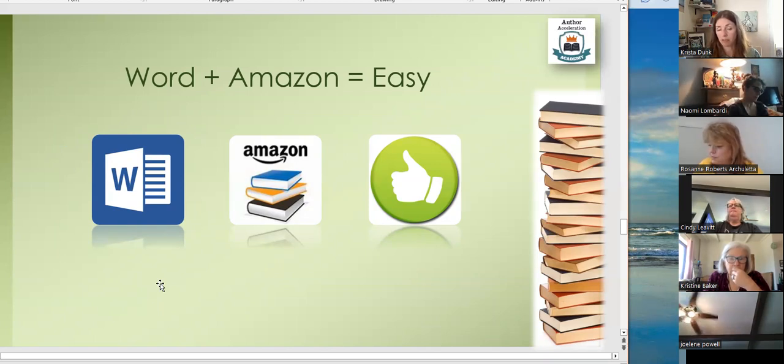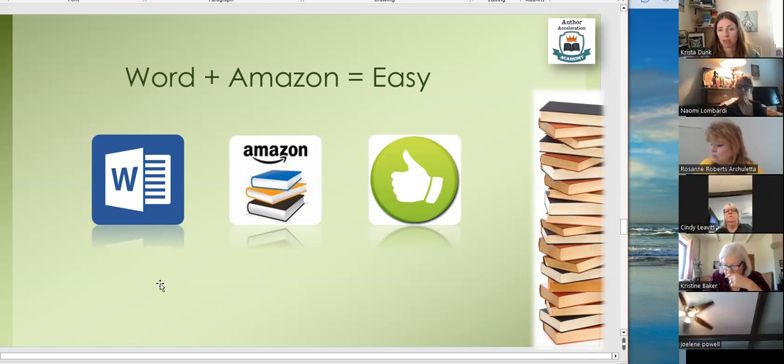You really can. You might need to brush up on your Word skills or get some help there with formatting or things. But yeah, you can't really create a book cover in Word, but you can create the manuscript, format it, and make the Kindle version. So I just want you to know that you have a great tool already if you have Word.